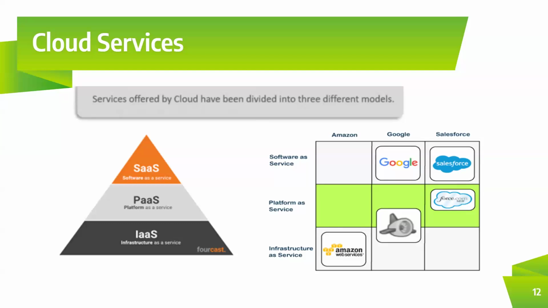Then infrastructure as a service. You should not think of hardware; you have to think of all those things as software. AWS and most of the big companies specialize in infrastructure as a service.